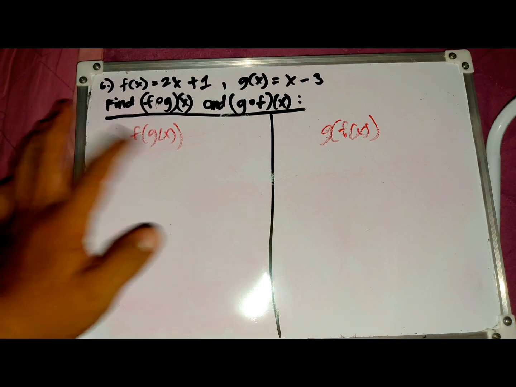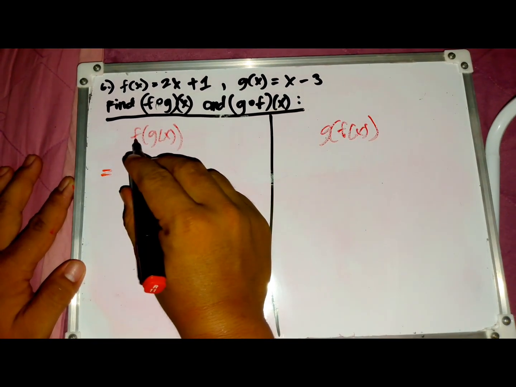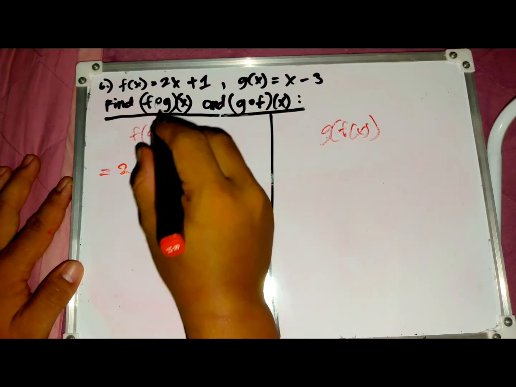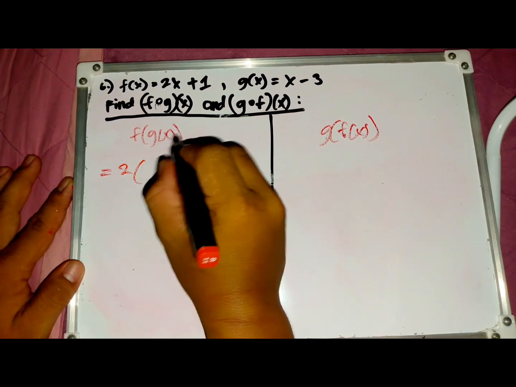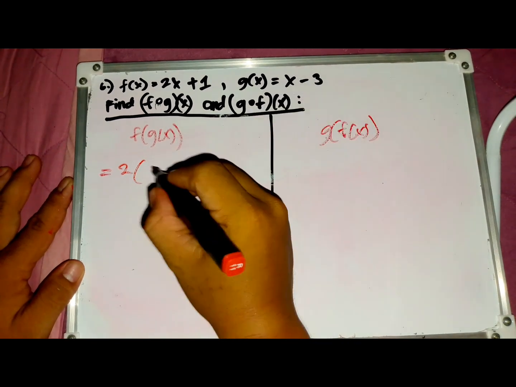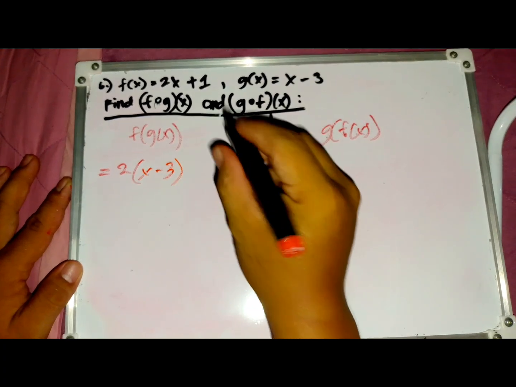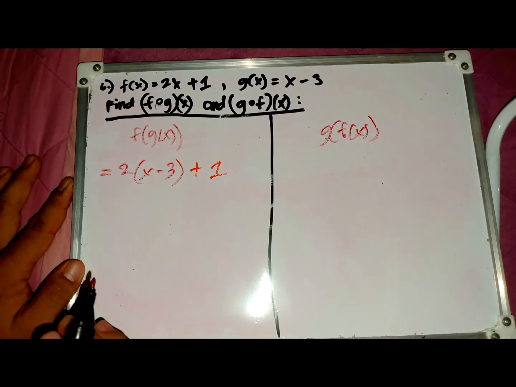Substitute. We have the value of f of x, 2x, and x is replaced by g of x, so we have x minus 3, then copy the plus 1.